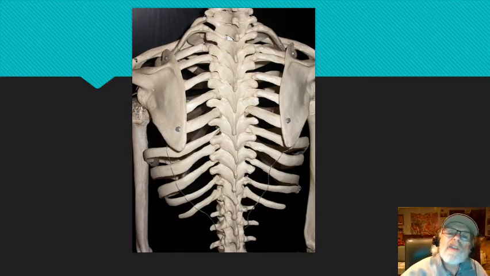Let's look at what we see here. Here's a thoracic vertebrae. This is a spinous process. These are the things that are sticking out in the back, those lumps you feel in the back. These are the transverse processes. Let me draw it in red. Transverse process, transverse process, and so on.